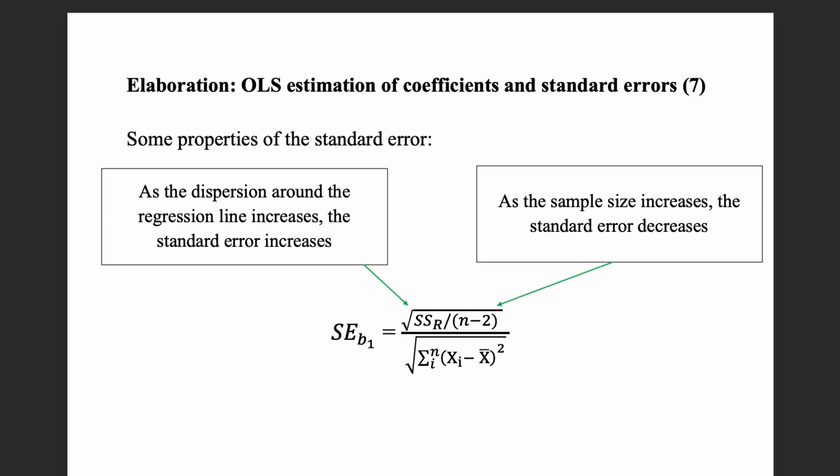So the larger our sample is, keeping everything else the same, the smaller the value of our standard error. And if you think about that, it makes sense, because the larger our sample, the more confident we become that our sample regression coefficient will be relatively close to the population regression coefficient.